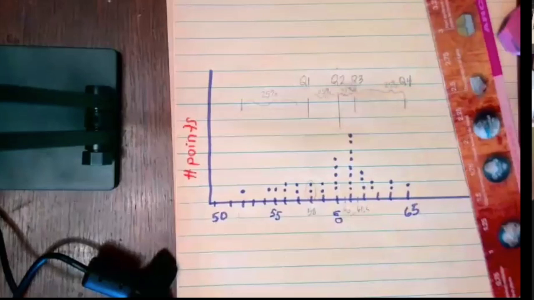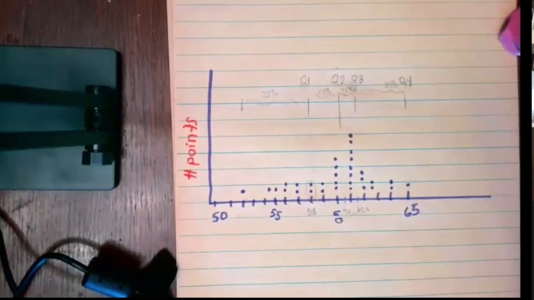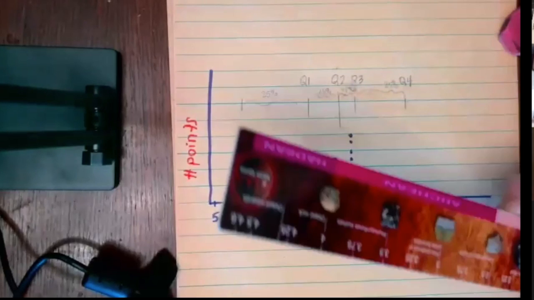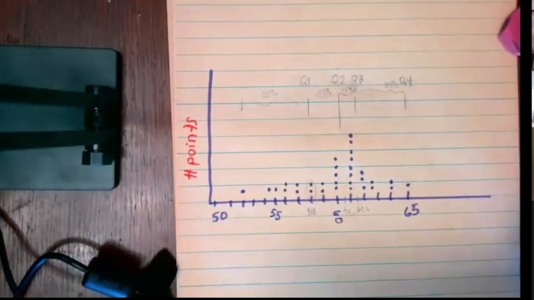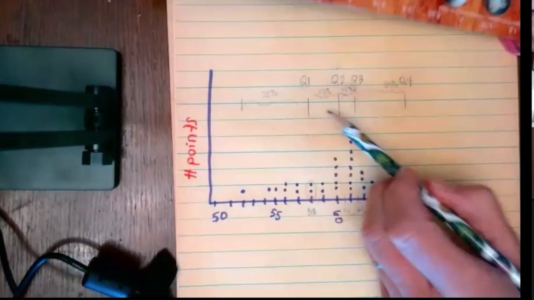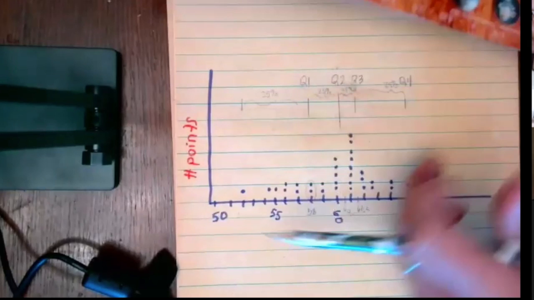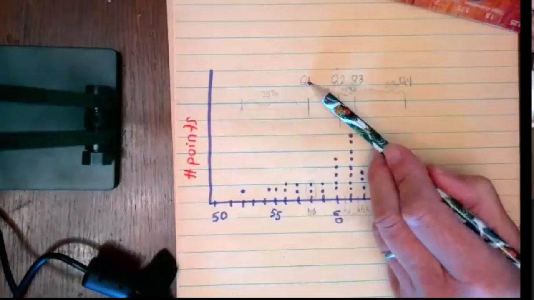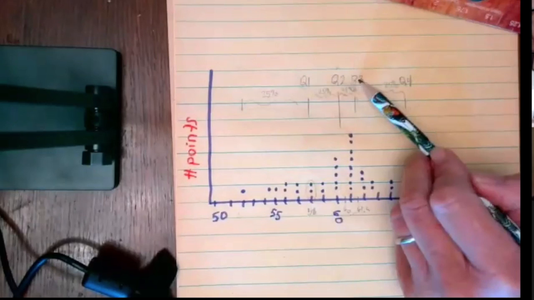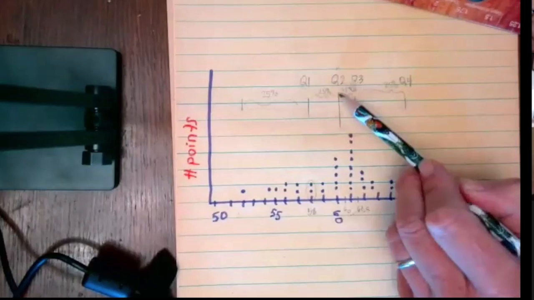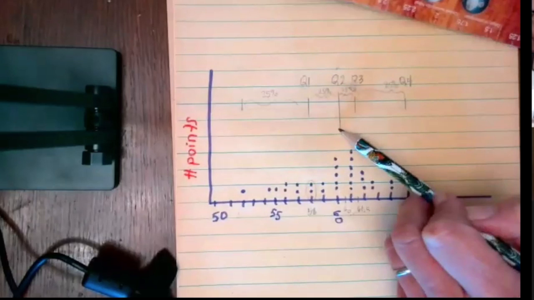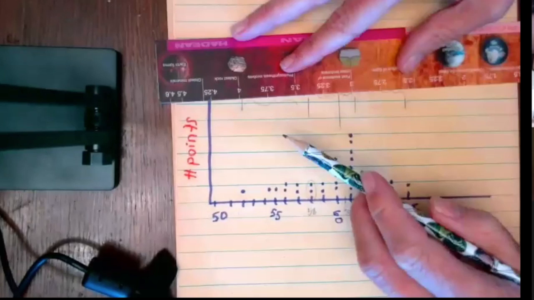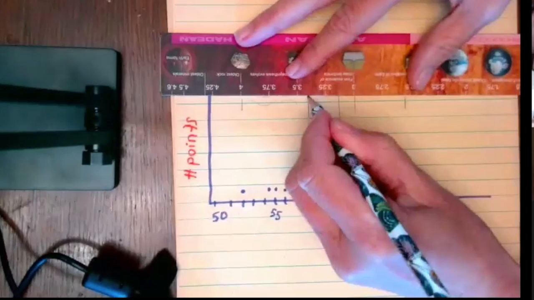So now I can create my box and whisker plot. The box of the box and whisker plot is the central tendency, so it's the central 50% of the data. I use my lines, and I'm going to create a box between Q1 and Q3 with the median Q2 represented in the box. I would say in the center, but it's not necessarily the actual center.